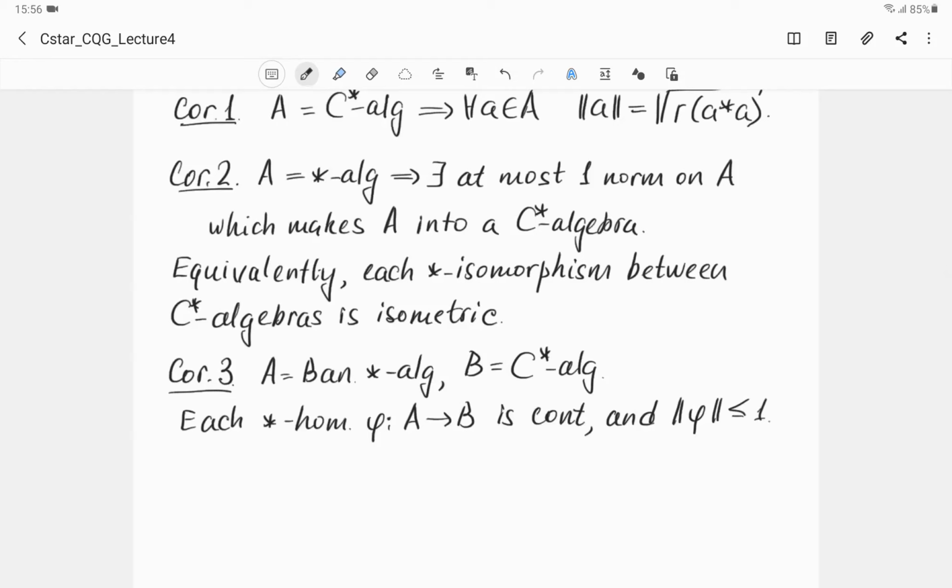So this is another automatic continuity result. We already know that all characters of a Banach algebra are continuous. Now we prove that each star homomorphism from a Banach star algebra to a C-star algebra is continuous.